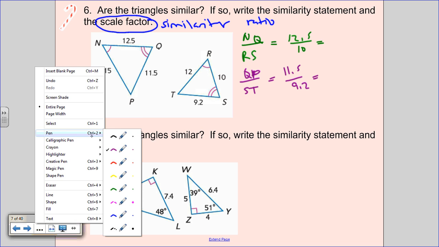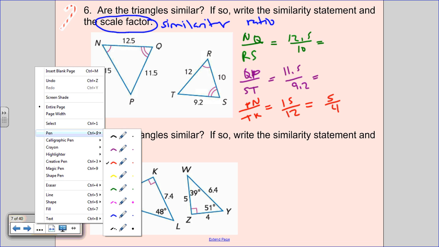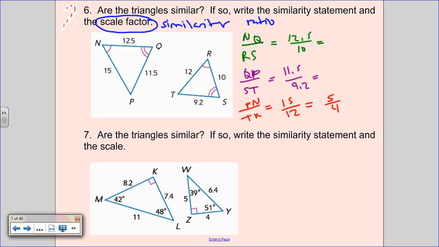And lastly, we're going to try PN to TR, which would be 15 to 12. So right off the bat, I know 15 to 12 simplifies to 5/4. I don't believe those other ratios would do the same. Well, I do know that 12.5 divided by 10 is going to give me 1.25.